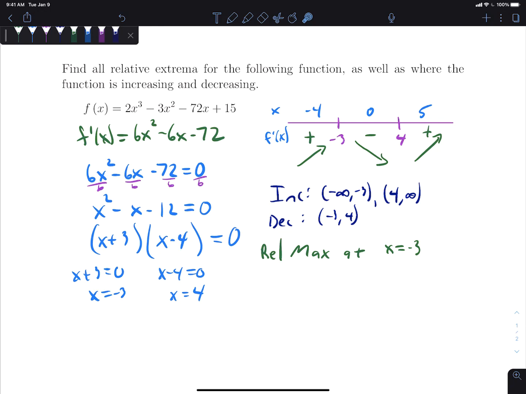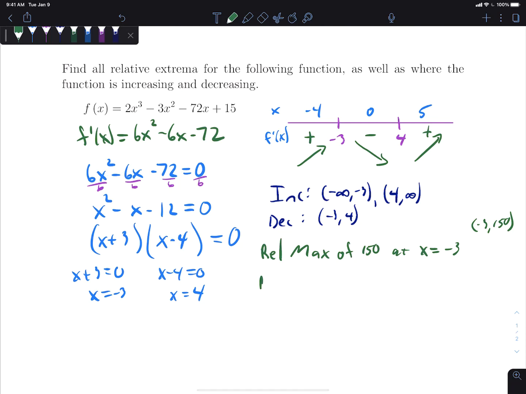At x equals negative 3, that tells me 150. So there's a relative maximum of 150 at x equals negative 3. So the relative maximum point would be the coordinate negative 3, 150.